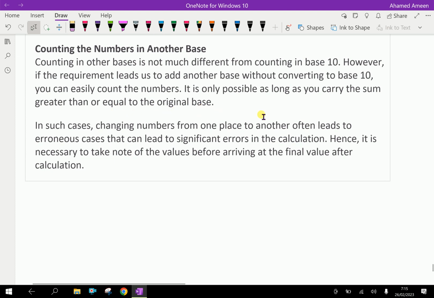That means if different bases are there, you have to convert all of them into a single base, base 10 or base 2 or 8 or 16, then add, subtract, multiply. In such cases, changing numbers from one place to another often leads to erroneous cases that can lead to significant errors in the calculation. Hence, it is necessary to take note of the value before arriving at the final value of the calculation.